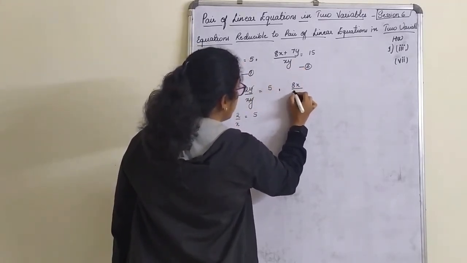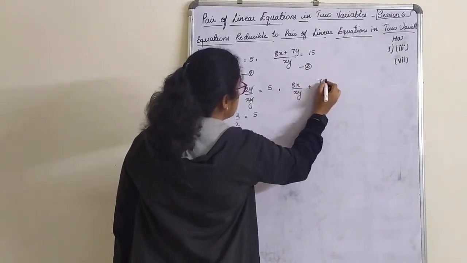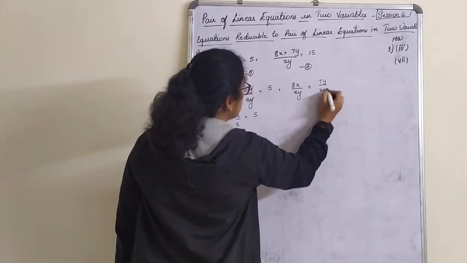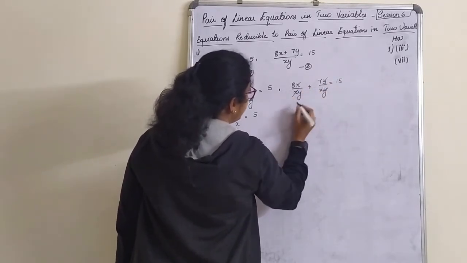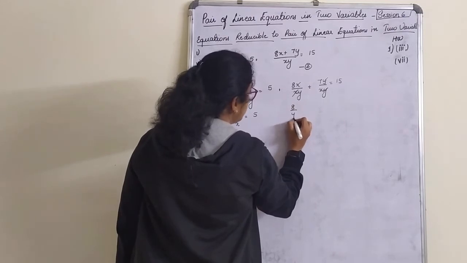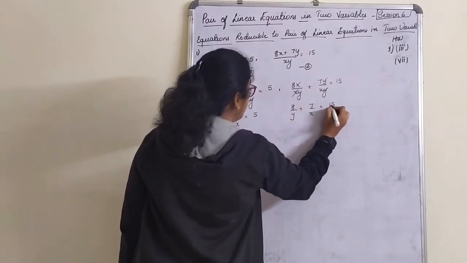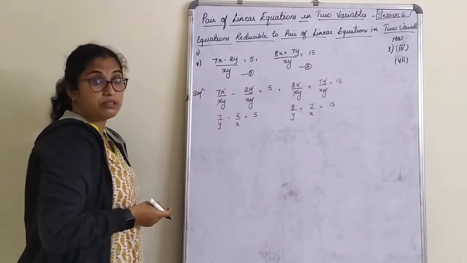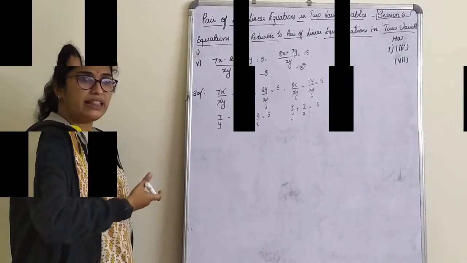Similarly, we will get this one also. 8x upon xy plus 7y upon xy is equal to 15. x and x, y and y. So this is 8 upon y plus 7 upon x is equal to 15. They have given y first and x second, so let's start accordingly.